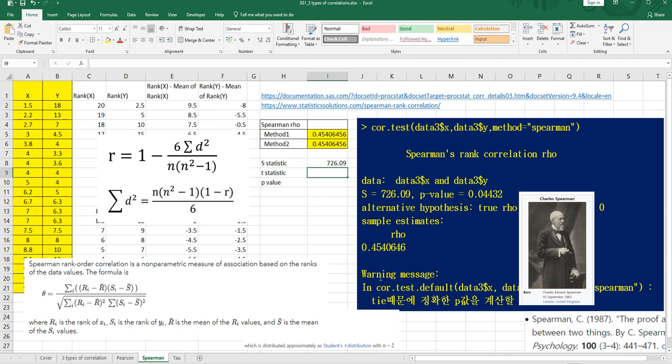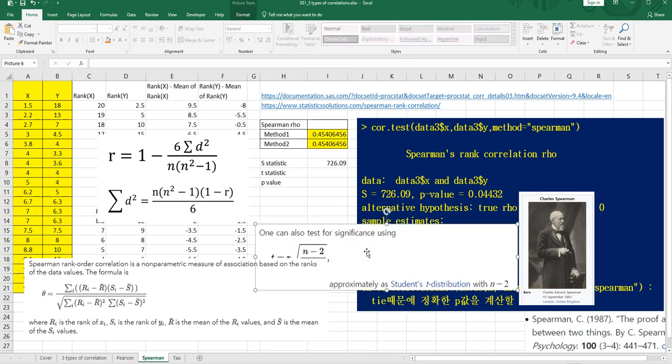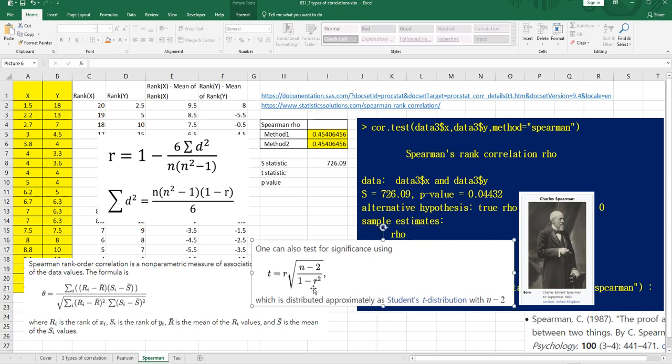For the t statistic, this is the t statistic formula. R multiplied by square root of n minus 2, which equals 18, over 1 minus R squared.